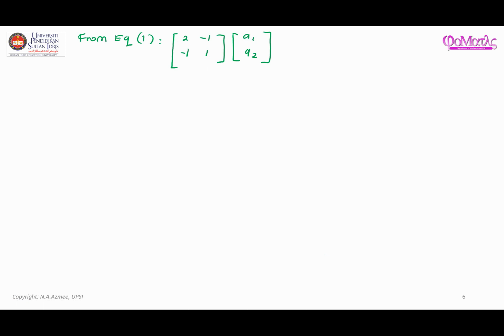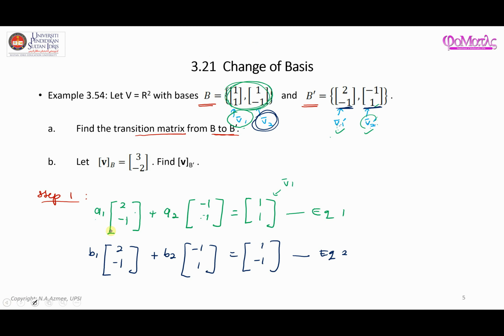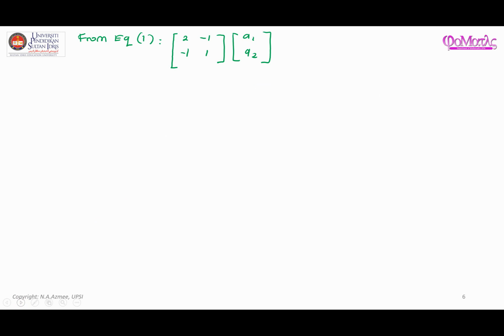So this is another way of writing the equation that we have here, and that is equal to (1, 1), okay? And how do we find the unknown values of a1 and a2? Well, we can find those values by considering the augmented matrix: 2, negative 1, negative 1, 1, 1 and 1. So this is the augmented matrix.